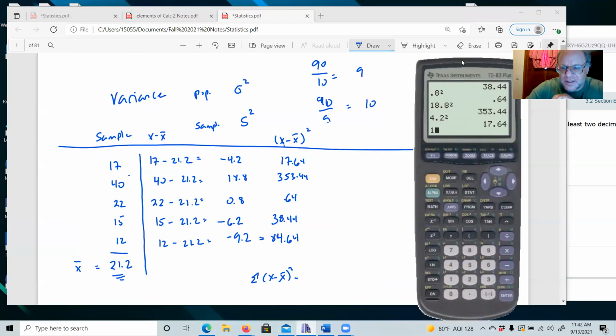We have 17.64 plus 353.44 plus 0.64 plus 38.44 plus 84.64.